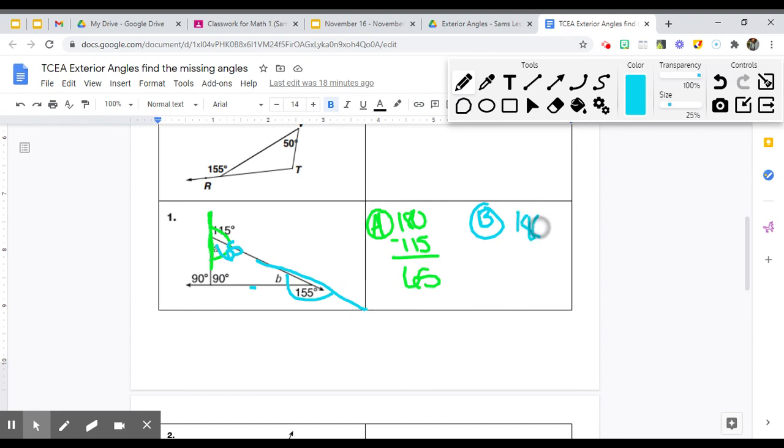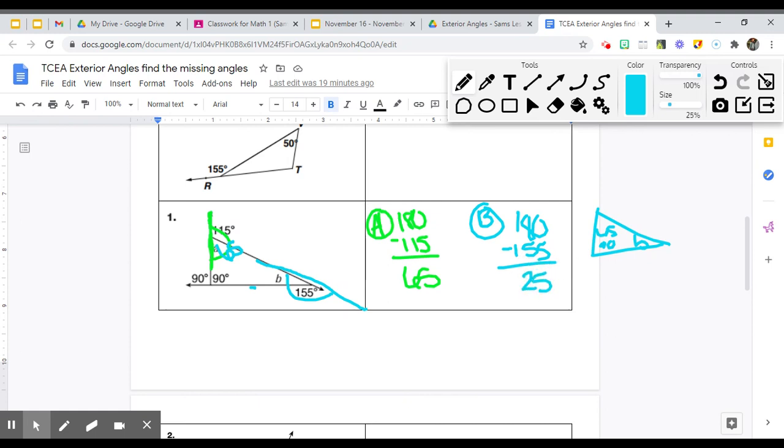So you could take 180 minus 155, or you could use that triangle. And that triangle had 65, 90, and then angle B. So you would just solve for angle B. But technically, I'm just going to do 180 minus 155, and that gives me 25 degrees. So angle B is 25 degrees.